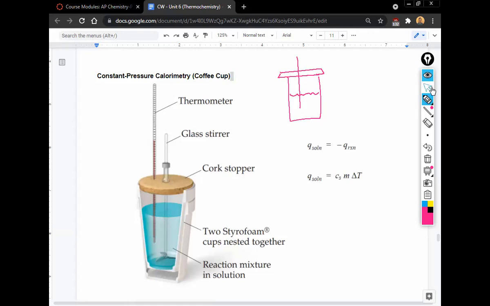So we're actually going to be making a calorimeter in this class, and we are going to be finding the specific heat of different metals. For our lab after Thanksgiving break, I'm going to give you a set of 5 different metals like this. And then you're going to be using a calorimeter that you make in class in order to figure out what the specific heat of these metals are.